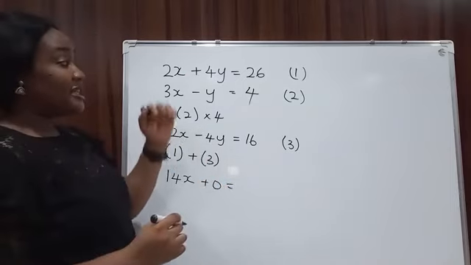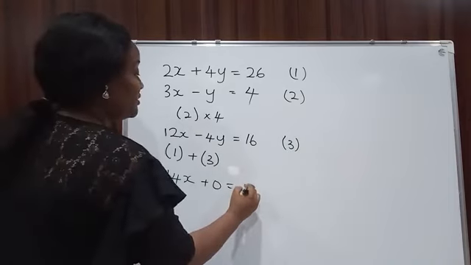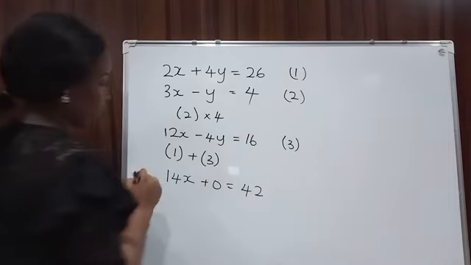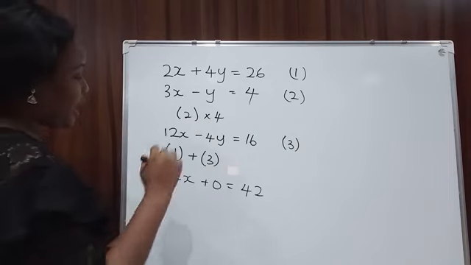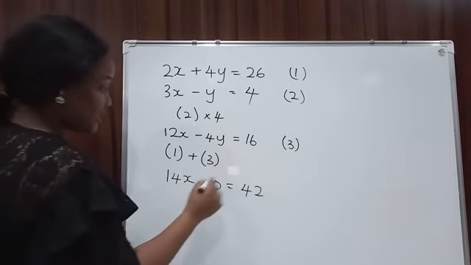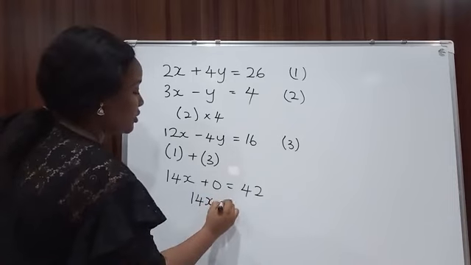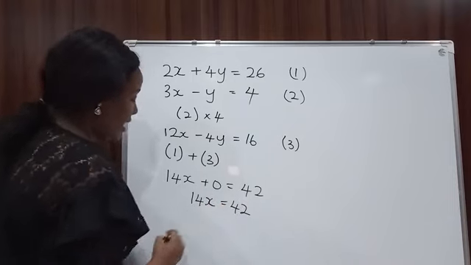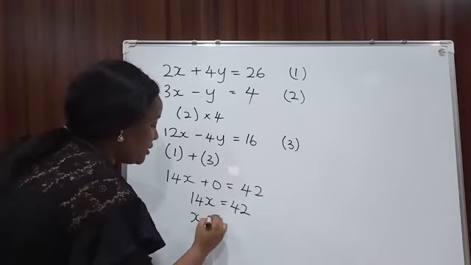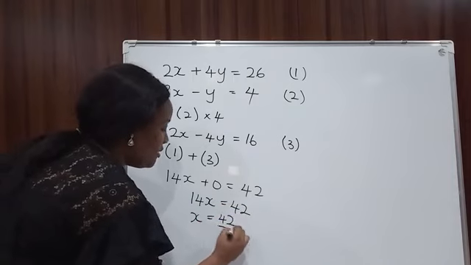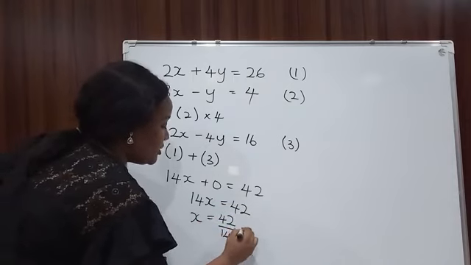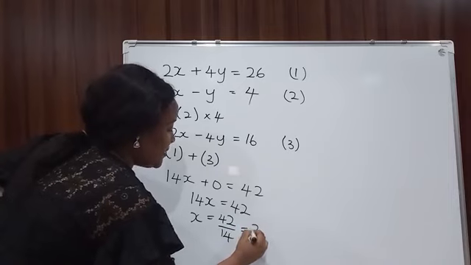And we have 26 plus 16, which gives us 42. So now we have our linear equation, 14x equals 42, which gives us x equals 42 over 14, which equals 3.